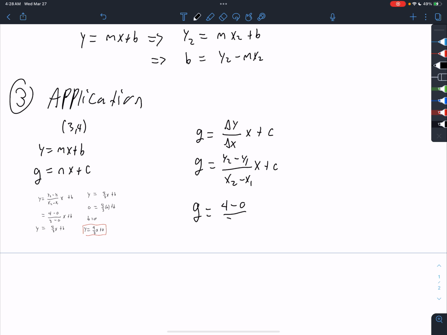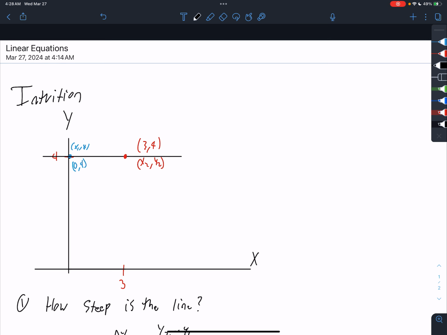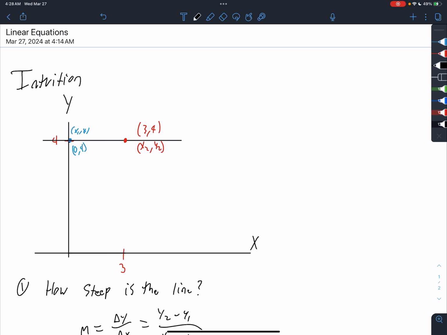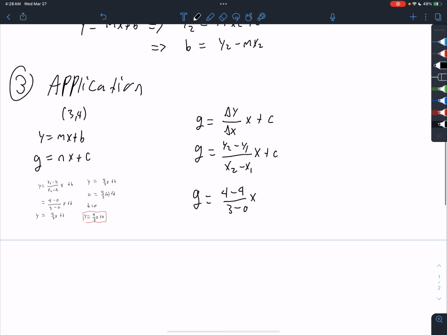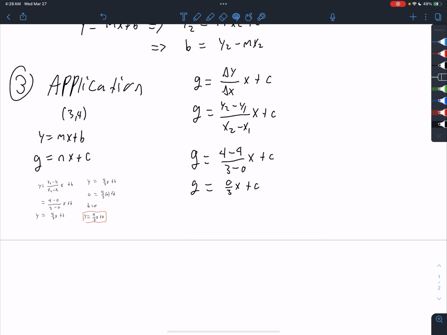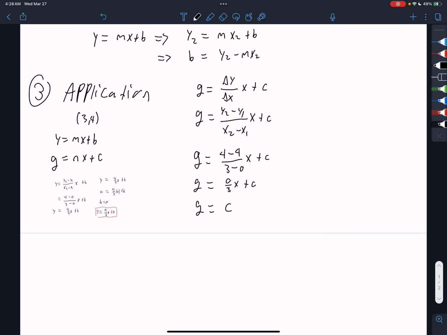So 4 minus 4 over 3 minus 0, because this is 0, 4 and 3, 4, times x plus c, which means that G is equal to 0 over 3 x plus c, and finally we get G equals just c.